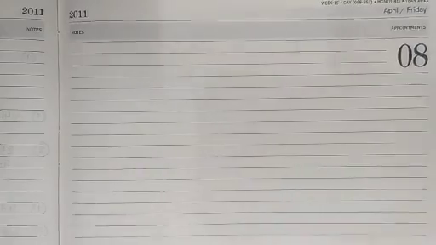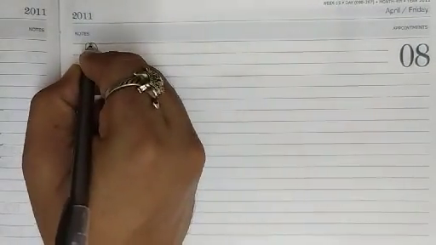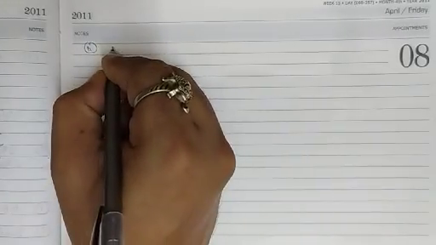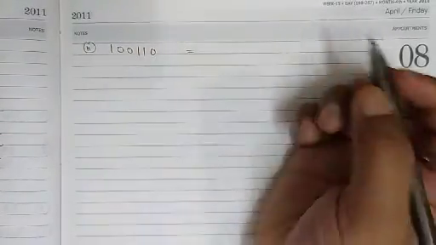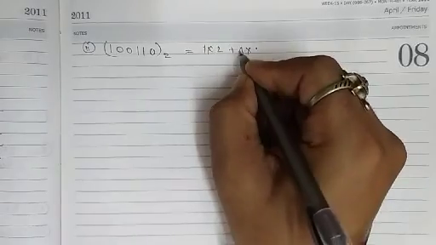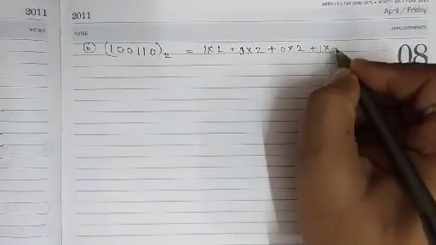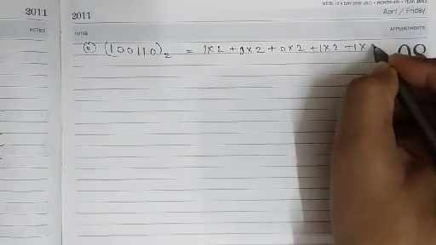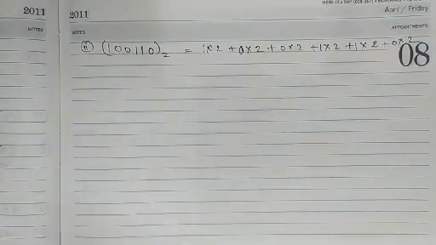That is the second part, 100110. This also needs to be converted into decimal. So we have to multiply by 2. 0 multiplied by 2, 0 multiplied by 2, 1 multiplied by 2, 1 multiplied by 2, plus 0 multiplied by 2. Right?